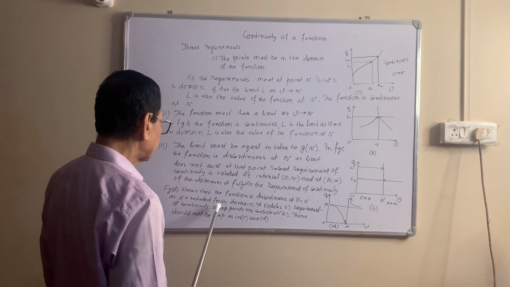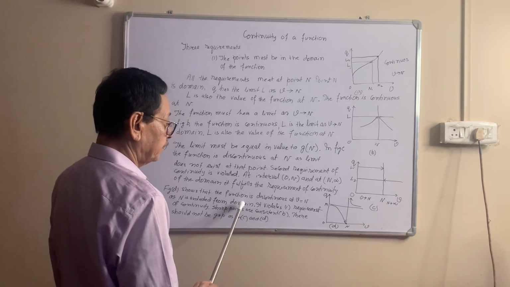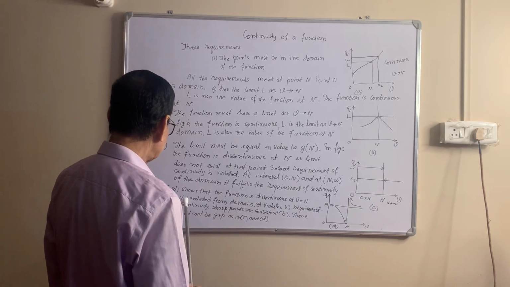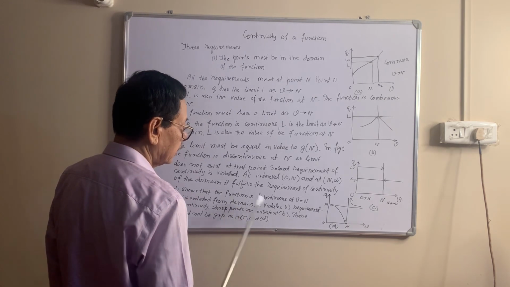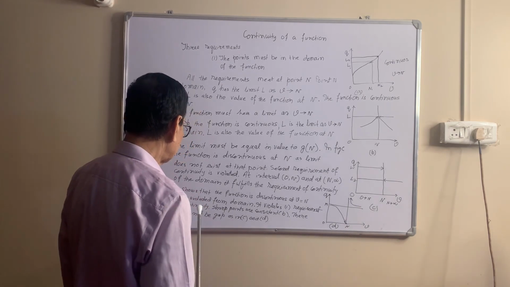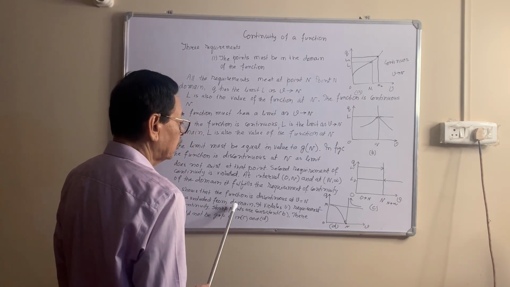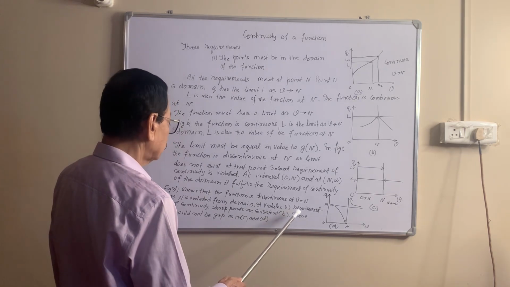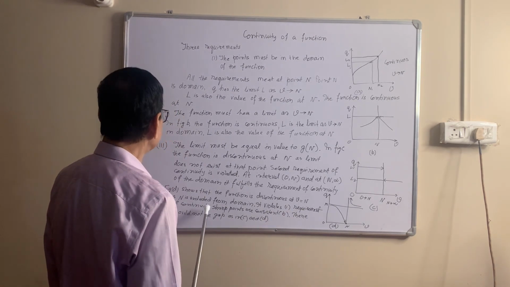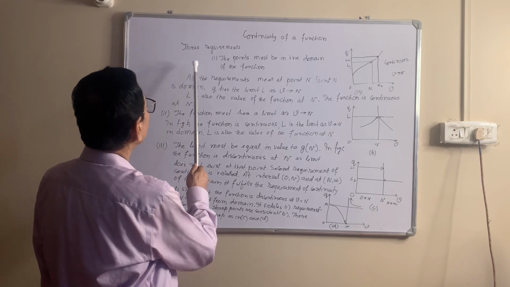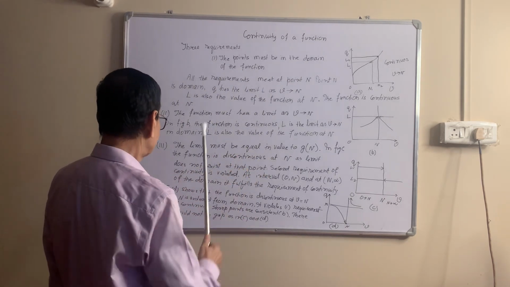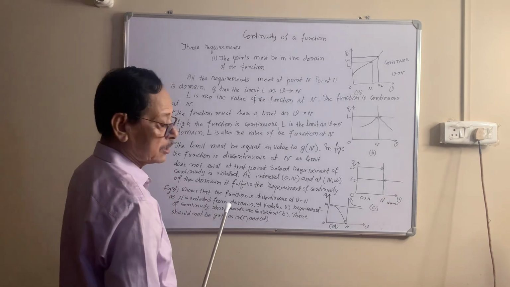As N is excluded from the domain, some level of V is excluded from the domain. It violates one requirement of continuity. So the first requirement, the point must be in the domain of the function, is violated.